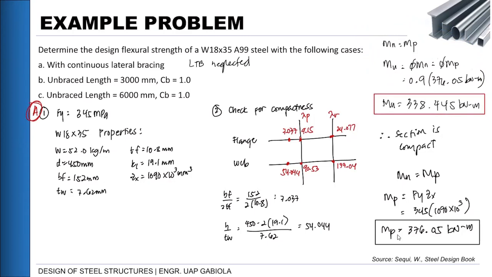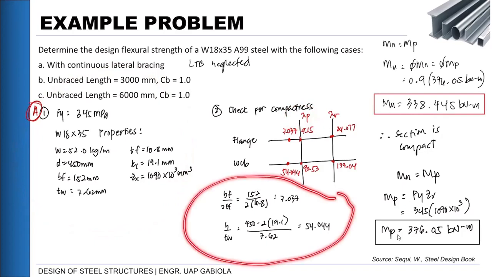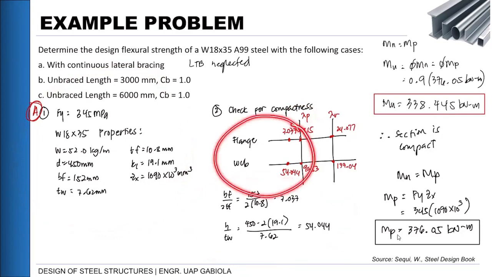Okay? So, let's recap what we did. Our first step, we tabulated or wrote all of the required properties. Then number two, check for compactness. As you can see here, our lambda p and lambda r were calculated in the previous example before. And then this is the actual lambda of our section, which we just took. And as you can see, our section is compact for flange and web.